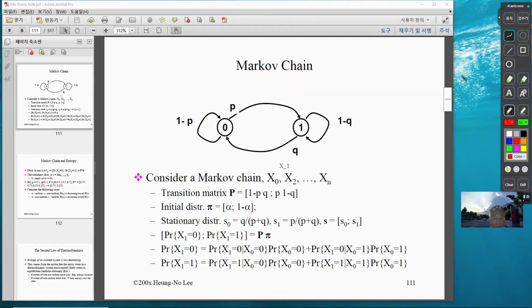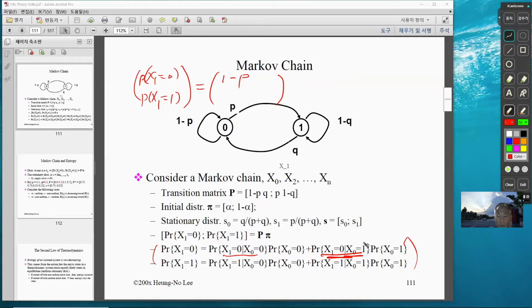And once I have done this, you can combine the two things together, and then we can say probability x1 equal to 0, probability x1 equal to 1, and then we think about this part. So that part is jumping from 0 to 0, which is 1 minus p, and this one here is 1 to 0, so it is q.